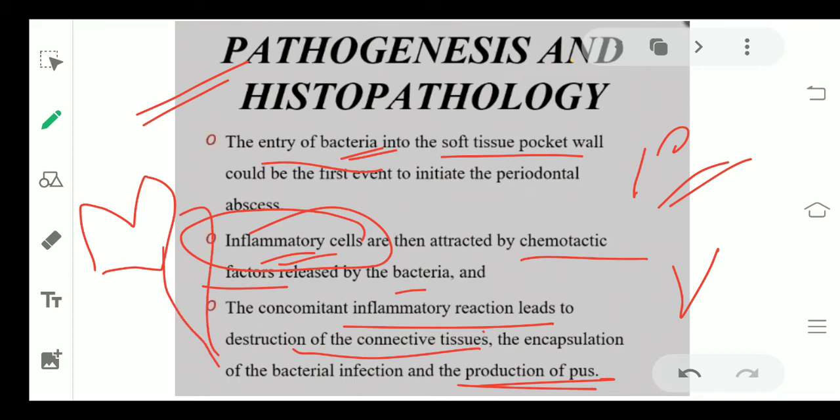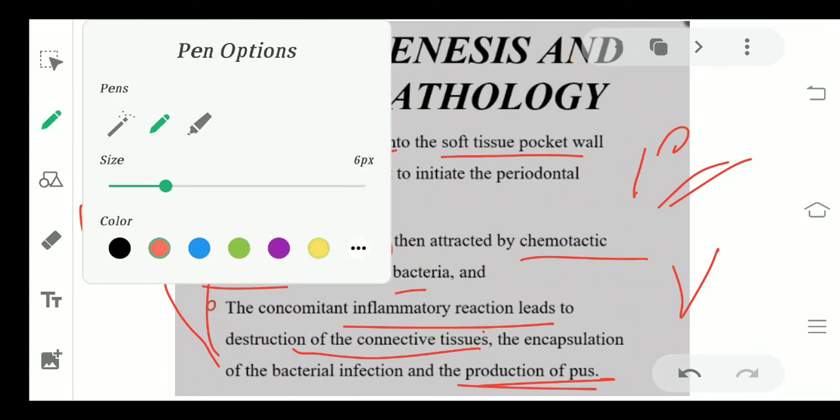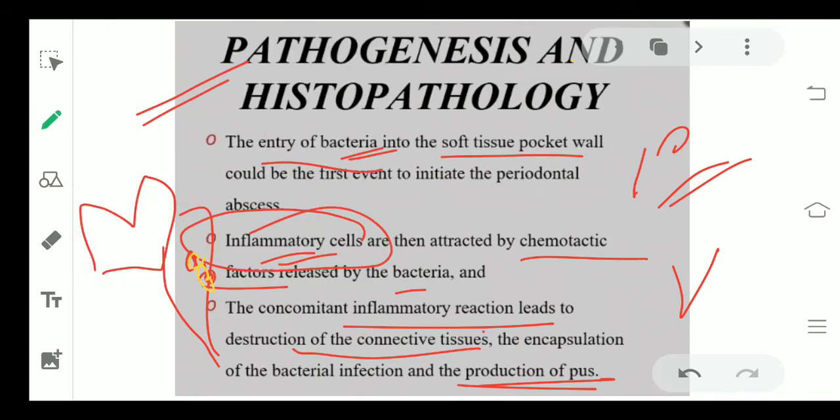The bacteria entered into the pocket wall and started releasing chemotactic factors. These chemotactic factors invited the inflammatory cells, and as soon as the inflammatory cells reached here, they started their action, that is inflammation of the connective tissue as well as the production of pus.